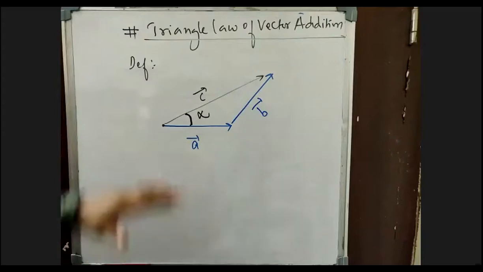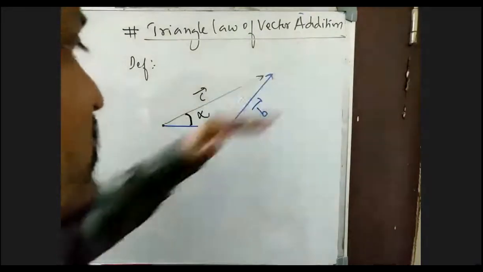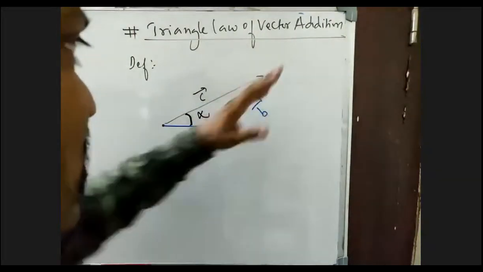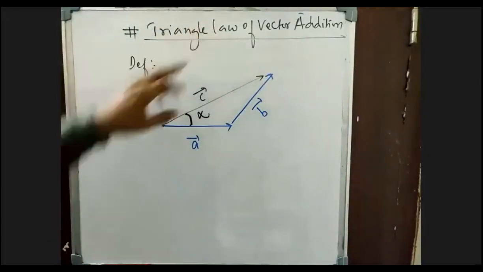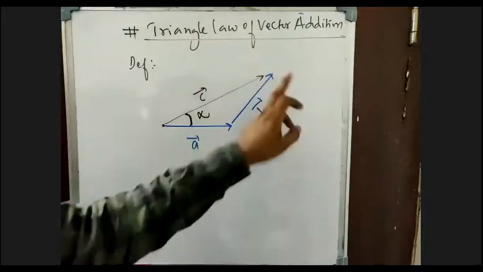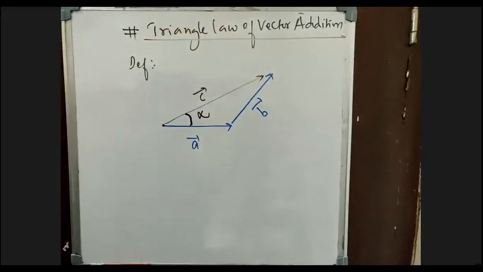Now see, two vectors taken in the same order. The closing vector of the triangle taken in the reverse order will give me the resultant. That is the basic definition of the triangle law of vector addition.